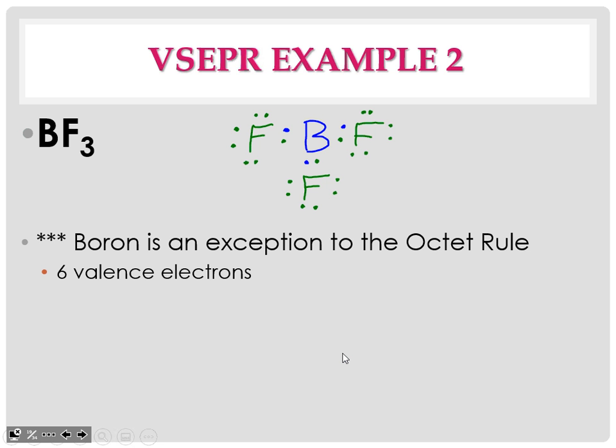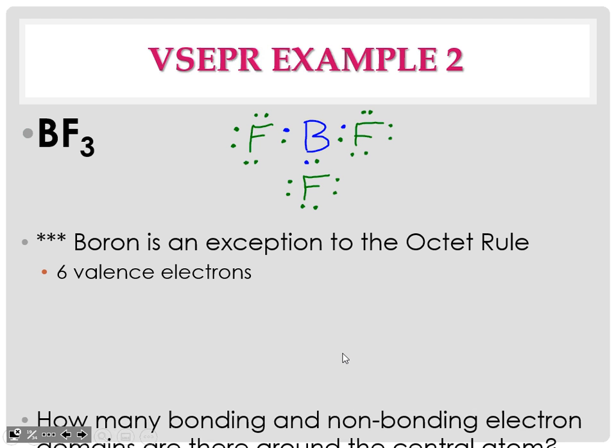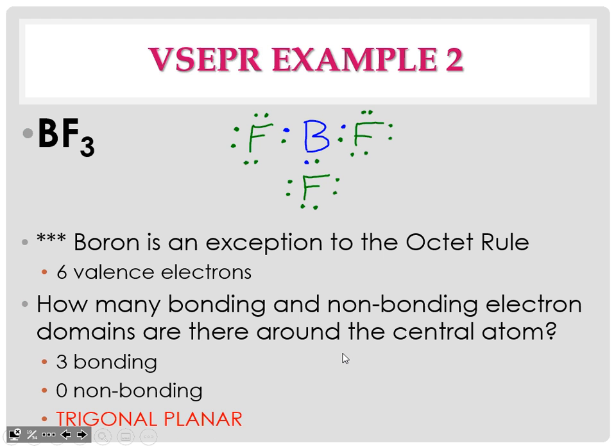Oh, maybe. I just kind of saw the gears turning in your head. So we have 0 non-bonding. We have 3 bonding. So, Madison, what does that tell us the shape is? 0 and 3. Trigonal planar. Okay, good. Trigonal planar.